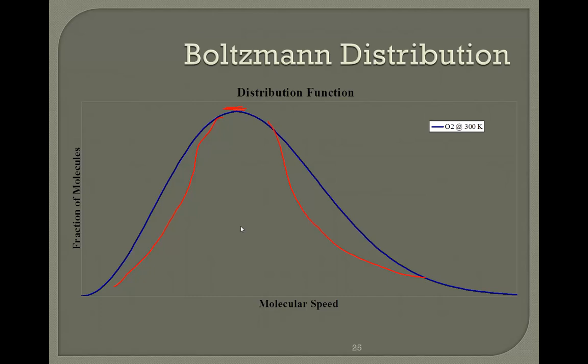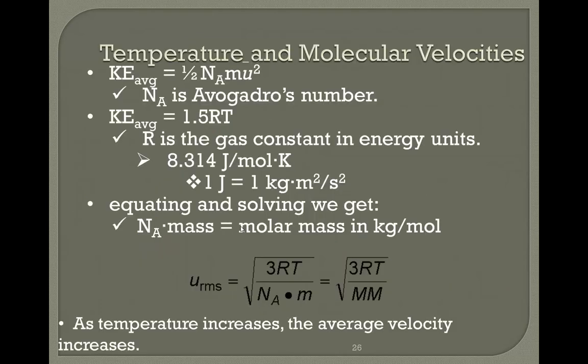Alright, so let's look at this equation. The average kinetic energy is 1/2 of Avogadro's number times the mass and the velocity squared. This can then be related to 1.5 RT.